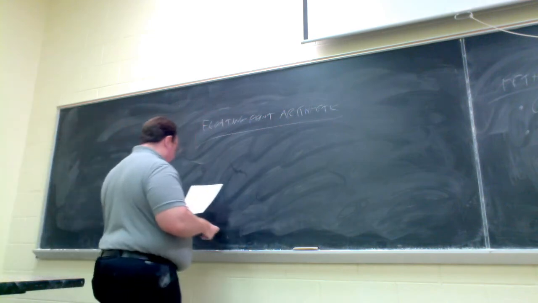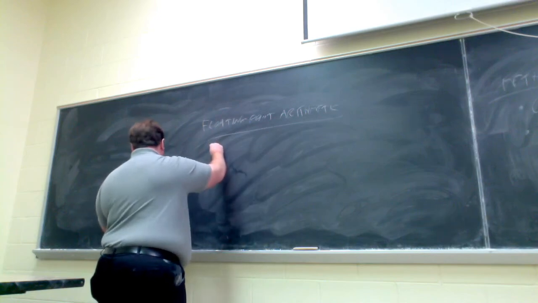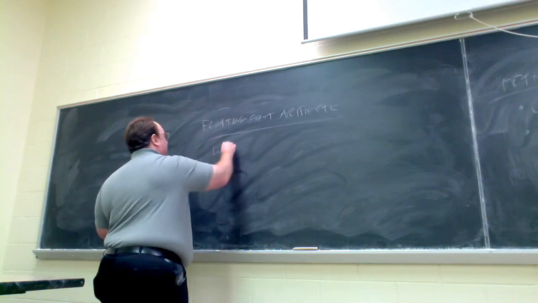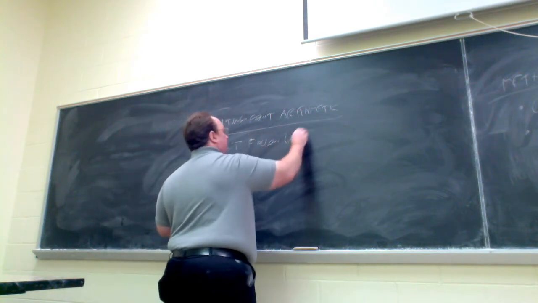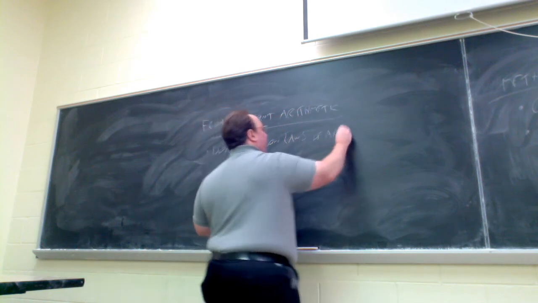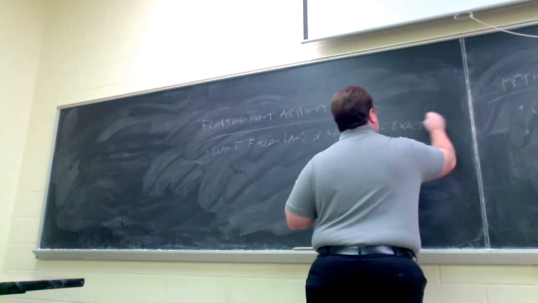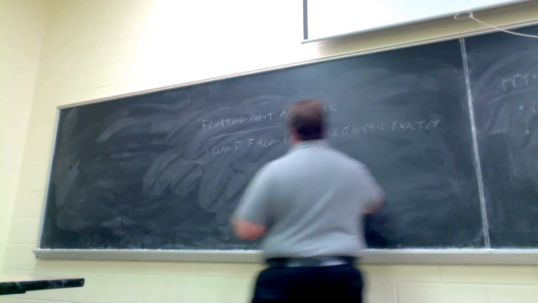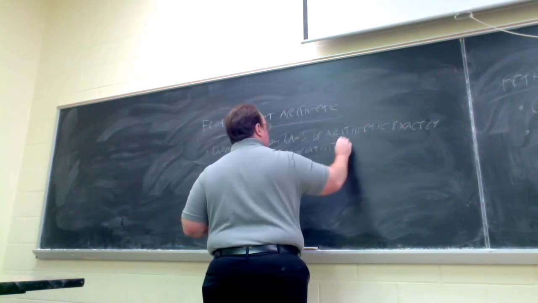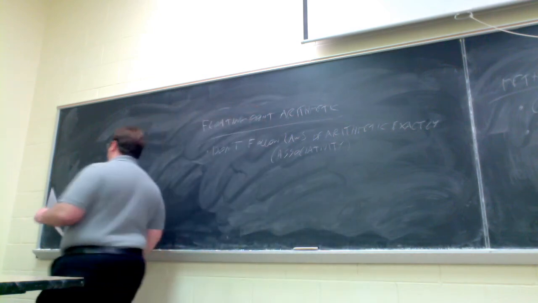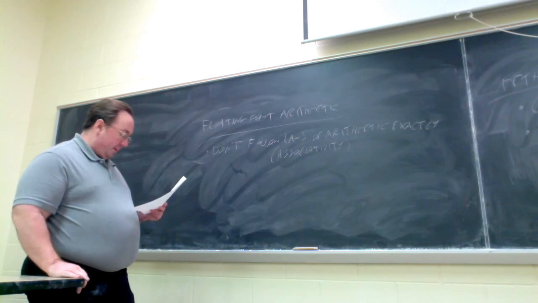What happens is you don't follow the laws of arithmetic exactly because of the error. In particular, I'll mention associativity. So you don't expect exact associativity to hold. Presumably commutativity would.